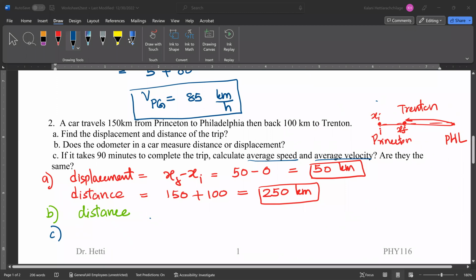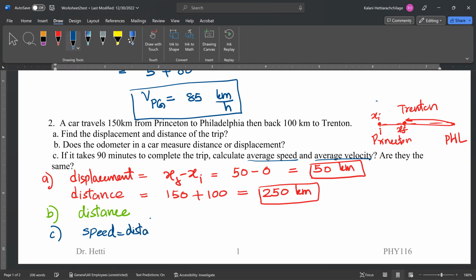I just want you to see the average speed and the average velocity. Speed we are able to calculate, as we know, as distance divided by time. So distance is 250 kilometers, and you're going to divide by the time, 90 minutes.